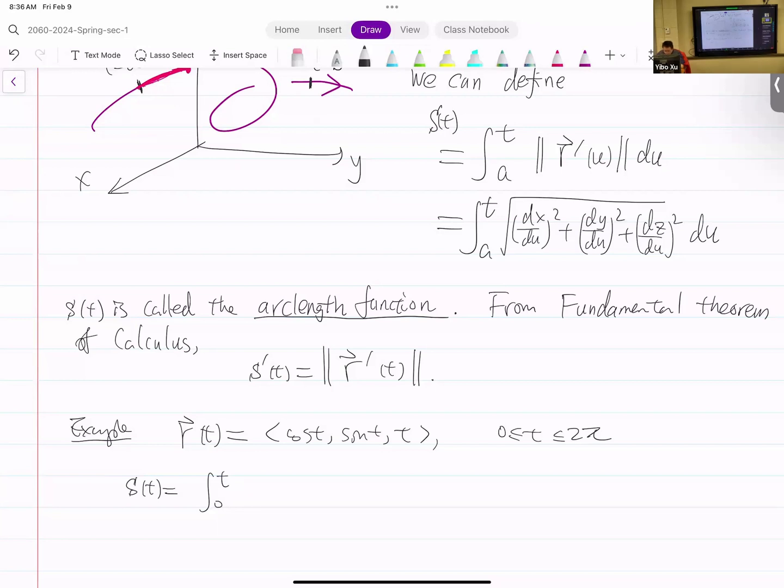So we just replace that 2 pi with t right here. So we actually know what r prime of u is. r prime of u is negative sine of u, cosine of u, 1, right? And then we have done this calculation already. So this is from 0 to t, the integral of square root 2 du. Okay? So this is indeed a linear function in terms of t. So square root 2 t.